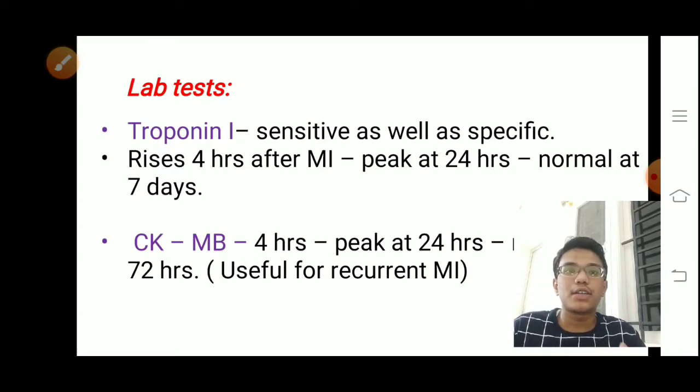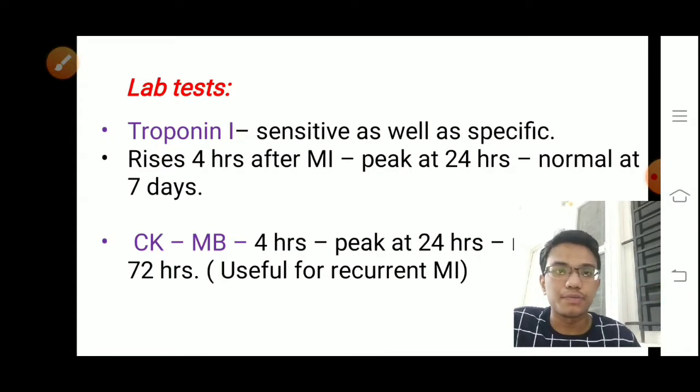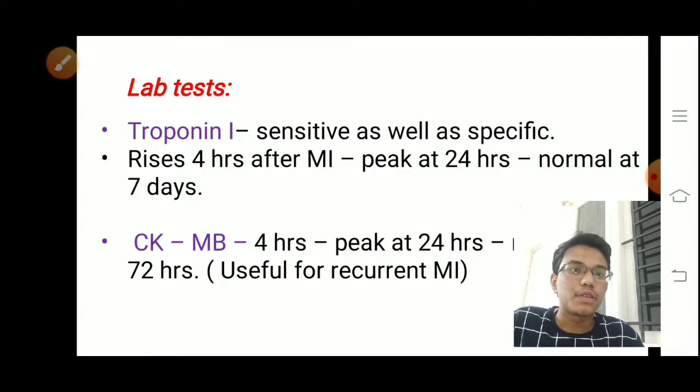So you order some lab tests and check troponin I and CKMB. Troponin I starts to elevate after 4 hours, and CKMB also starts to elevate after 4 hours. Then you give some treatment and the patient becomes normal. Then after, let's imagine, 5 or 6 days, he again develops chest pain and comes to you. Now what will you do?